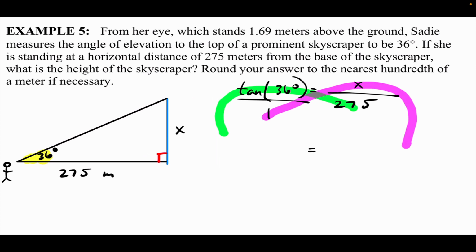So 1 times x is 1x, and then I have 275 times tangent of 36 degrees. This one doesn't even need any division because x is already by itself. I just have to multiply. The reason I divided the last two problems was because I needed to get x by itself. It's already by itself.